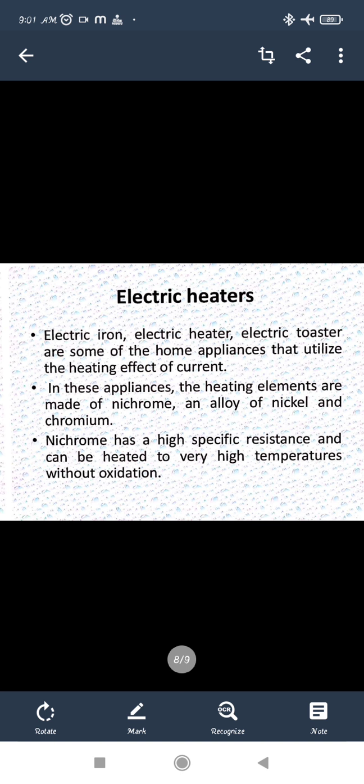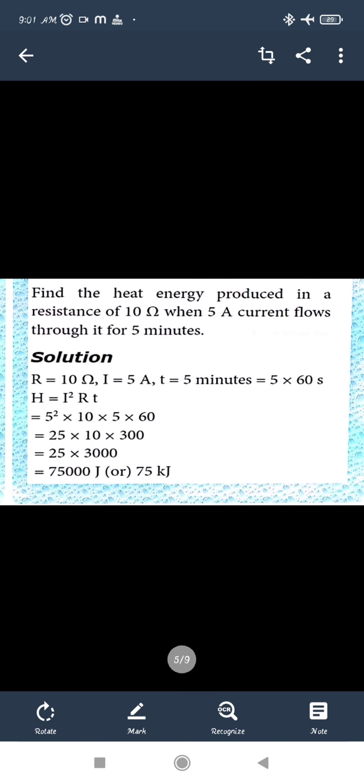Okay, so this is the heating effect of current.